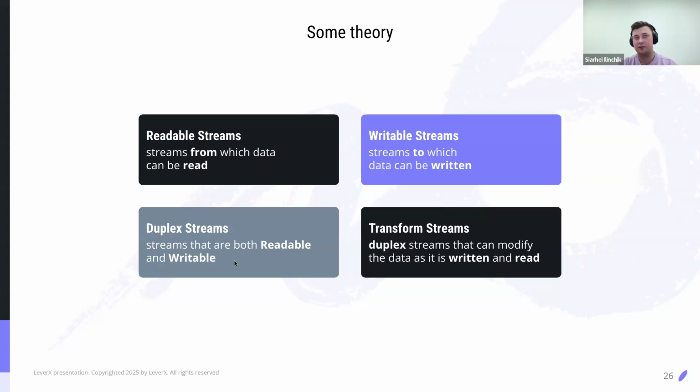Then we have the duplex stream, which implements the functionality of both the readable stream and the writable stream, so you can both read from and write to it. And then we have the transform stream. This type of stream can be used if we need to do some data manipulation from inside.